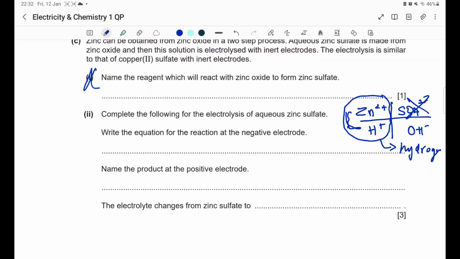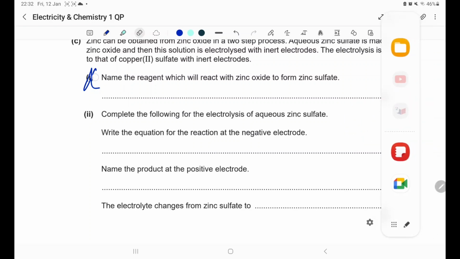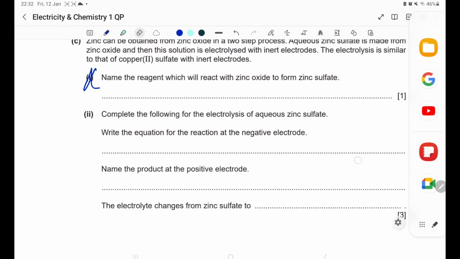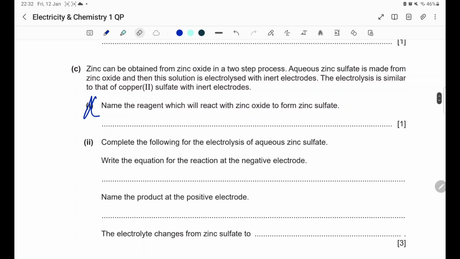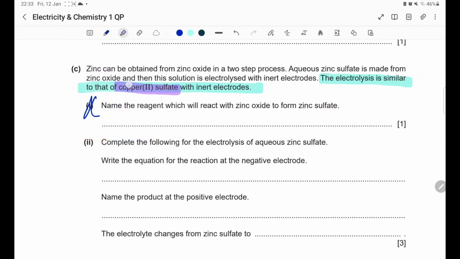Oh, wait. Okay, so they tricked us over here. Very important. Although that would be the actual working of the electrolysis, they have told us here the electrolysis is similar to that of copper sulfate. Copper sulfate.